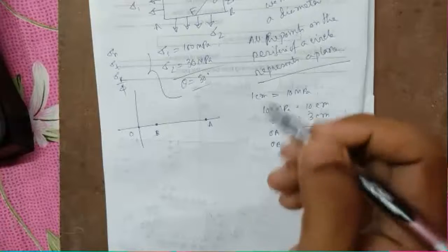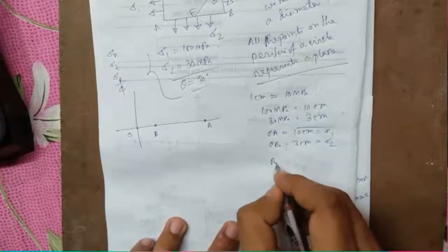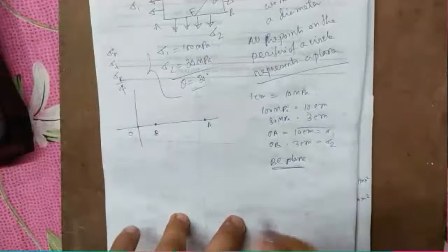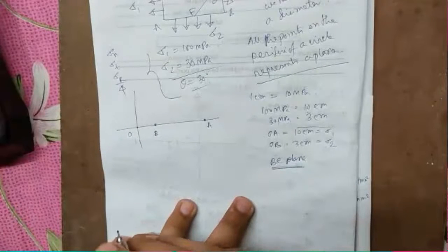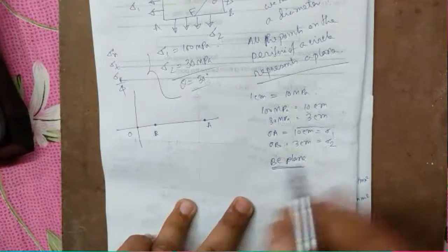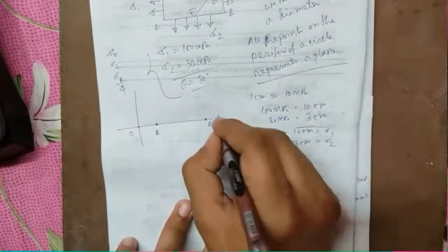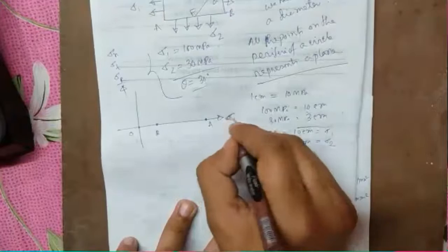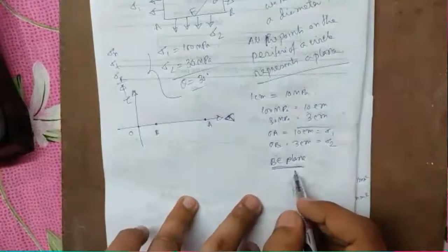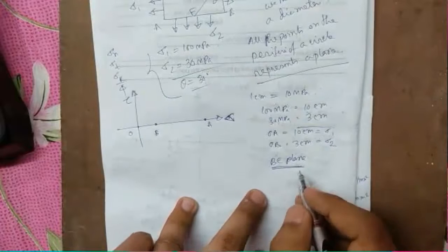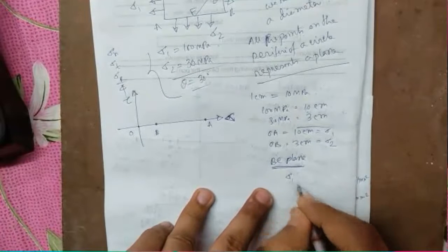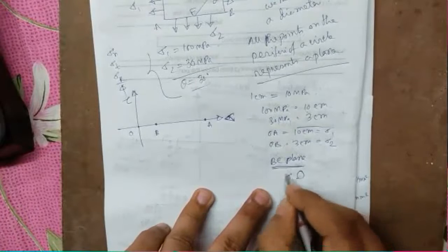Now if we talk about BC plane, it should have the coordinate sigma along this direction and tau along this direction. At BC plane there is no tau, so the tau value will be 0. So at BC plane the stress present is sigma 1 and tau value is 0.